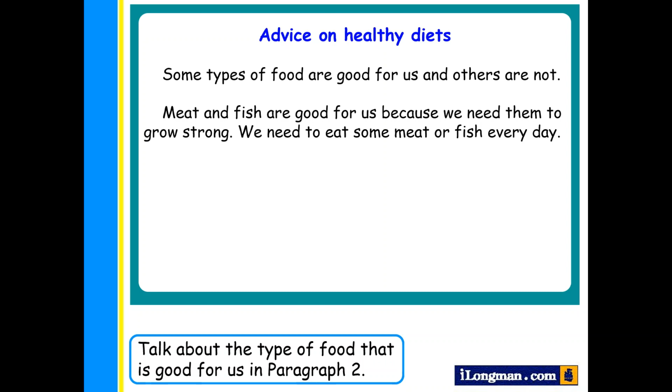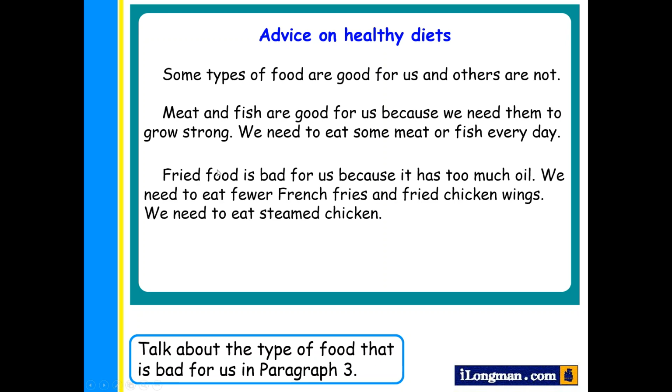We need to eat some meat or fish every day. In paragraph 3, we talk about bad food, fried food. Fried food is bad for us because it has too much oil. We need to eat fewer French fries and fried chicken wings. We need to eat steamed chicken.